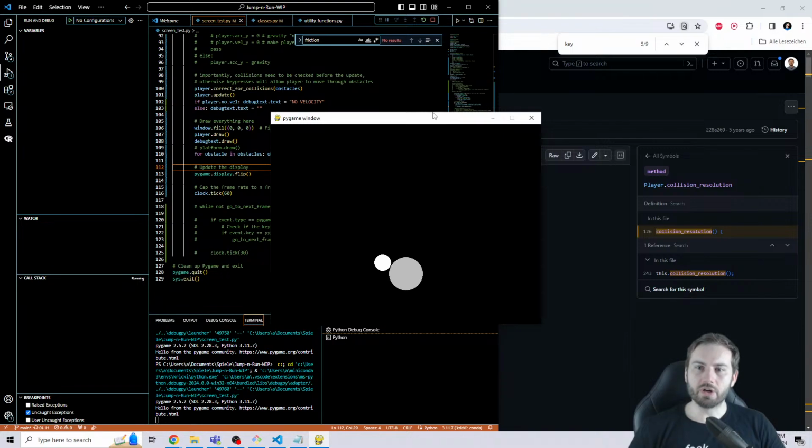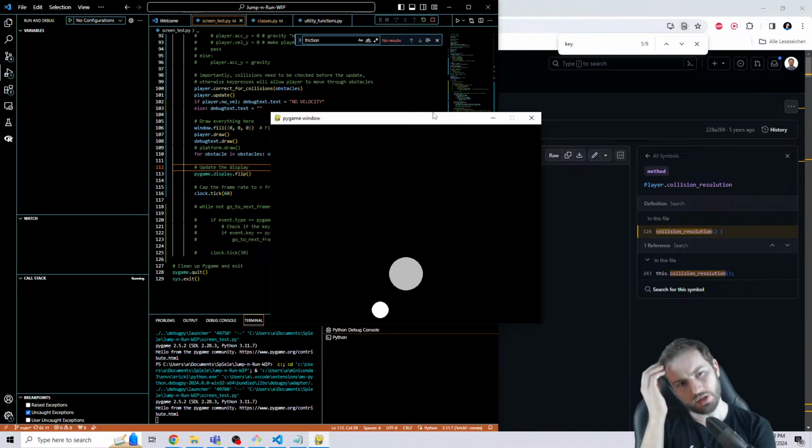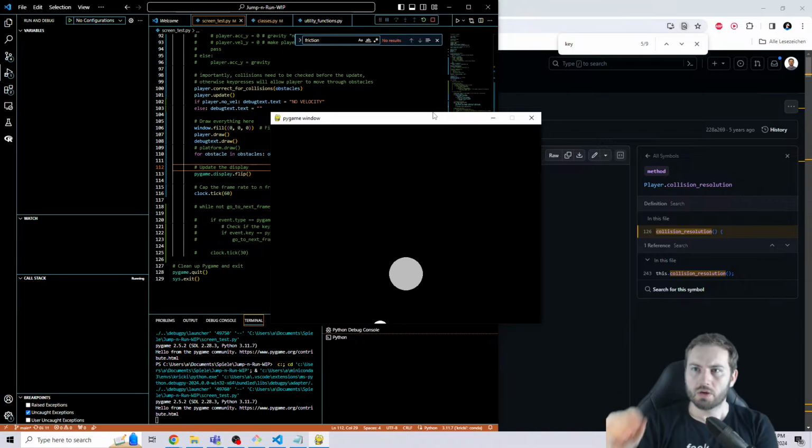So the velocity correction is not really working as it should. Should the velocity actually be changed here? Once again, I kind of refer to my... Why is the gravity so slow?